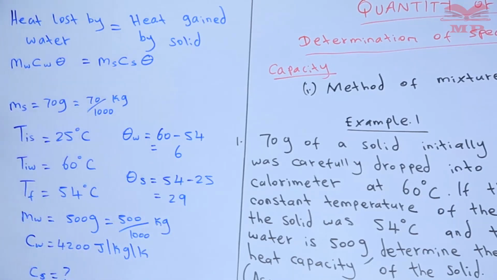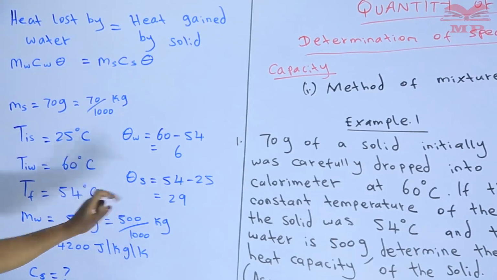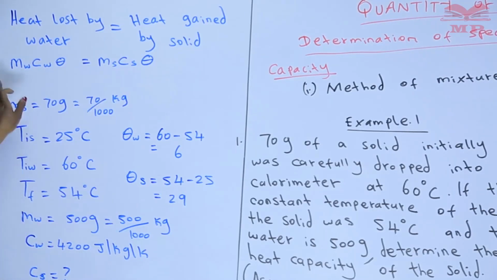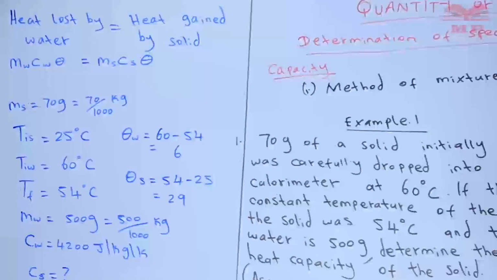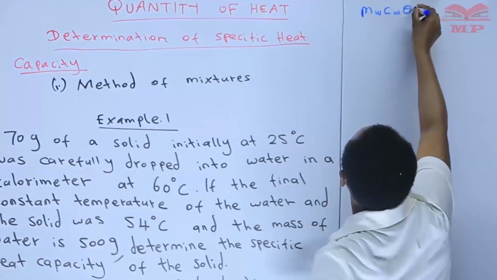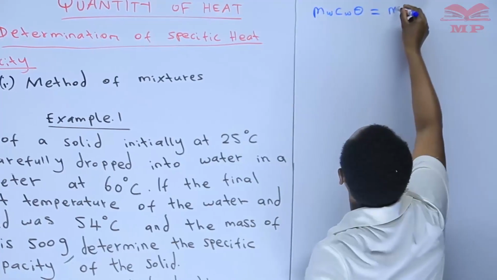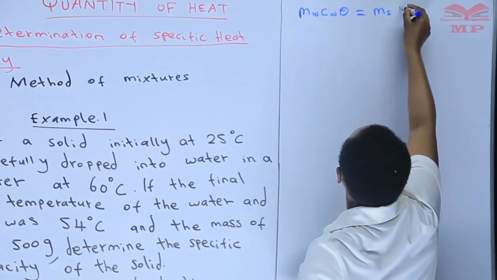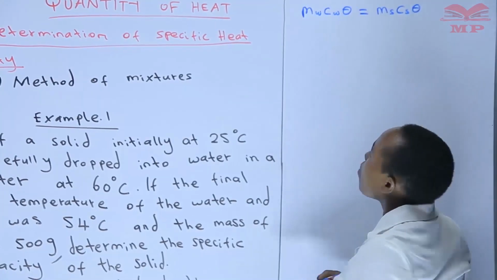That is our change in temperature for the solid. So that's what we have. So we now want to apply this formula. So we are saying that mass of water times specific heat capacity of water times change in temperature is equal to mass of the solid times the specific heat capacity of the solid times the change in temperature.